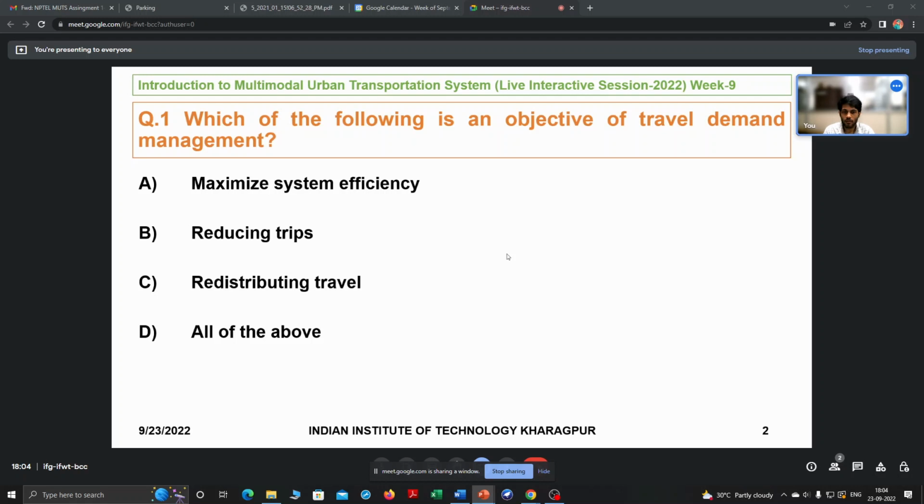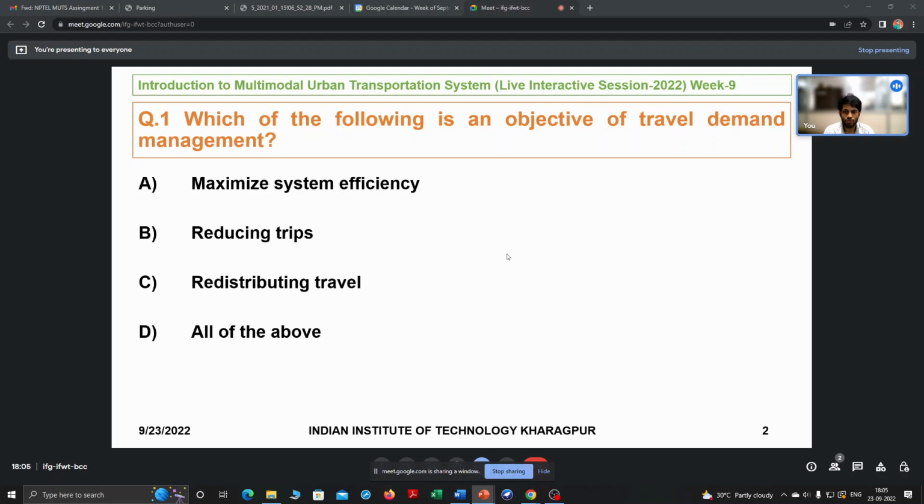Then you are using travel demand management strategies. What sort of strategies? Suppose you have a greater demand during peak hour, right? If you redistribute that demand by taking some kind of policy measure, suppose in the Bangalore situation, the main traffic is due to the booming IT sector, right?